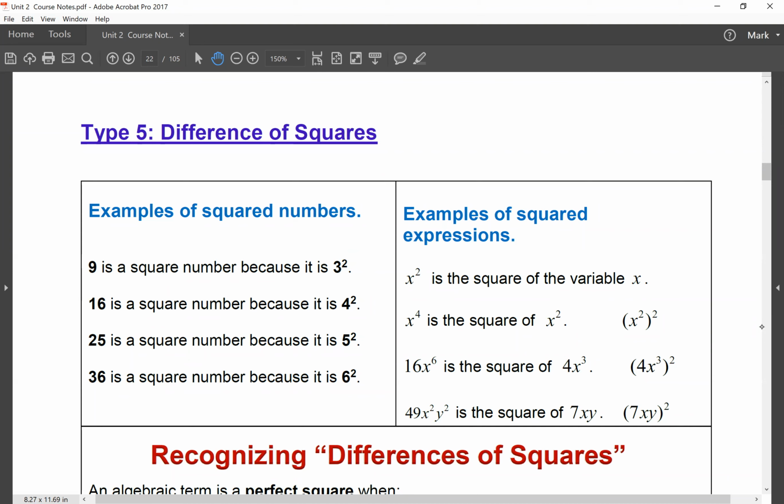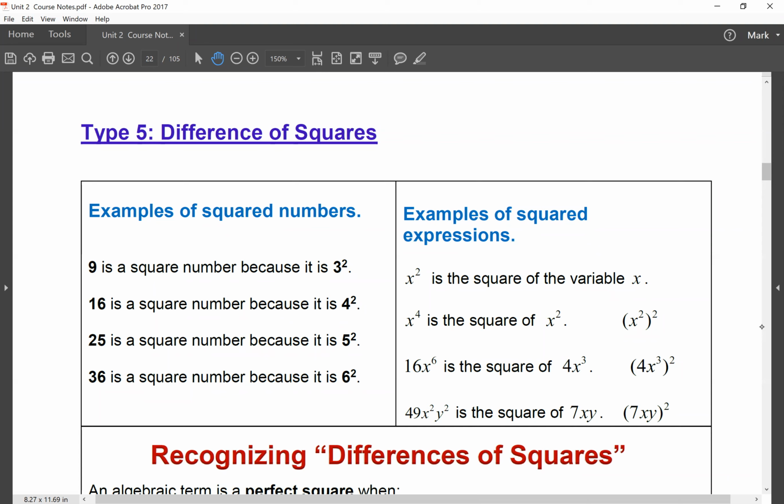So a squared number, again what I used to call a perfect square, is when we take a number and multiply it by itself. So 5 times 5, 6 times 6, 7 times 7, that would create what's called a square number.